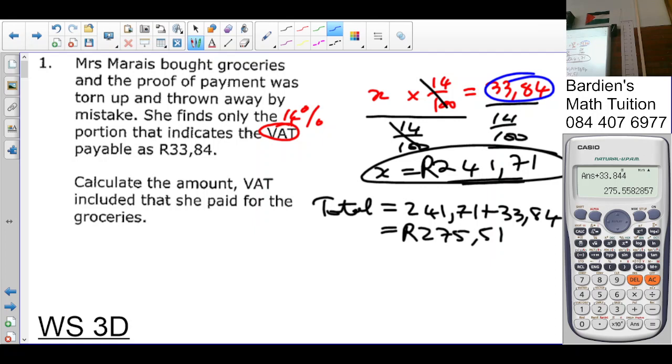So we're working in reverse. Because this 33.84 is a VAT amount. That is 14% of some amount. Is 14% of what? Is 14% of that X amount. That is the amount the groceries came to, excluding VAT. Then just add the VAT to it. So what we do is we then add that amount to 241.71, and then that is the total amount that you got out. Okay, any other confusion?